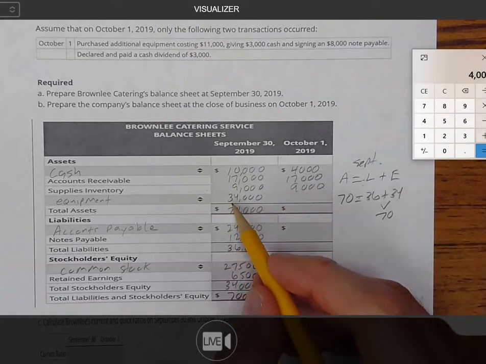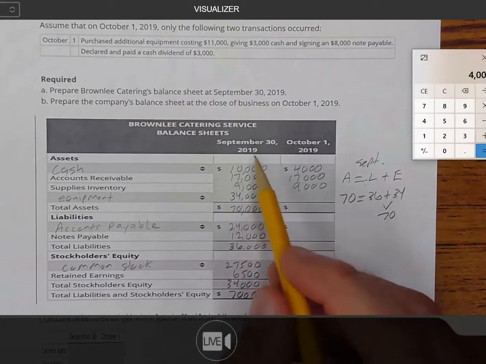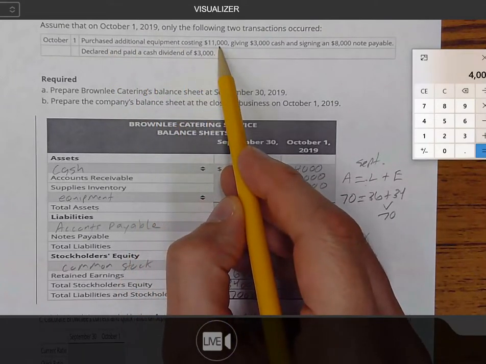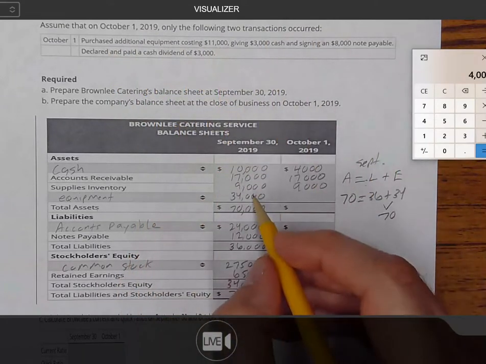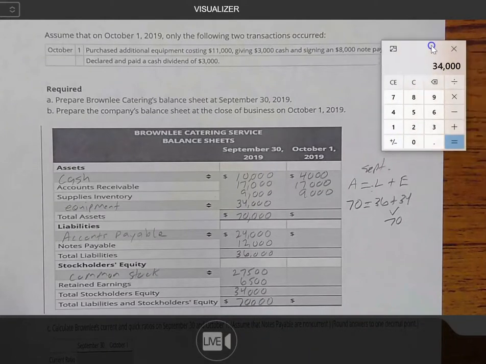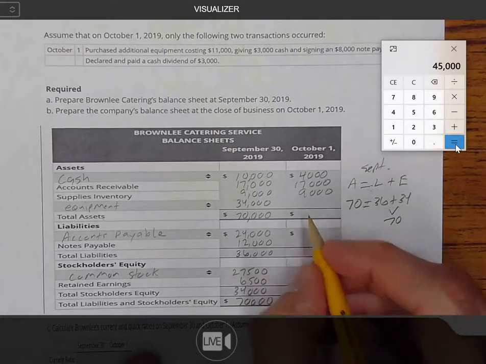And we did have an impact on equipment. So to come up here and say, okay, purchased additional equipment costing $11,000. So 34,000 plus 11,000 equals 45,000. So this did change.